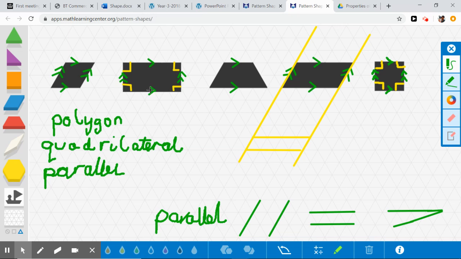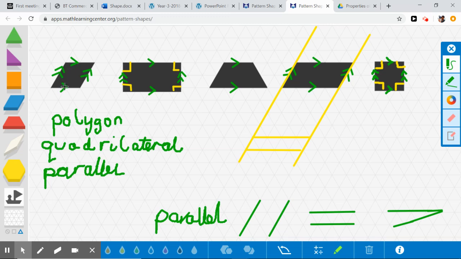Over to a rectangle. It has four right angles. It has two pairs of parallel sides, but only opposite sides are equal in length. Then we've got the rhombus, a little bit like a square in the fact that it's got all four sides that are equal. However, it doesn't have any right angles.